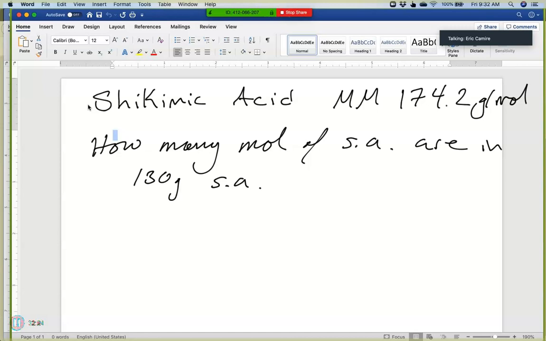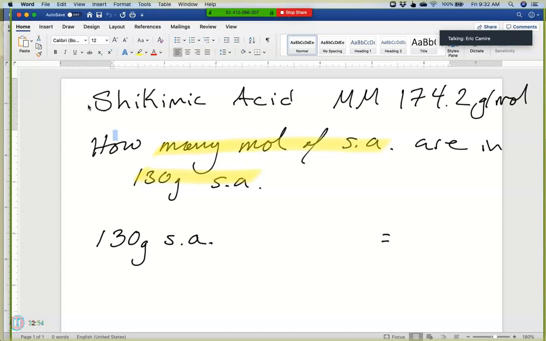I know I'm going to basically have to walk you through it, just because it is going to be hard to get feedback. We're going to try to work on it and figure out a better system. So the way we usually start this, we start with what we're given. I have been given 130 grams of shikimic acid. It's asking how many moles of shikimic acid.